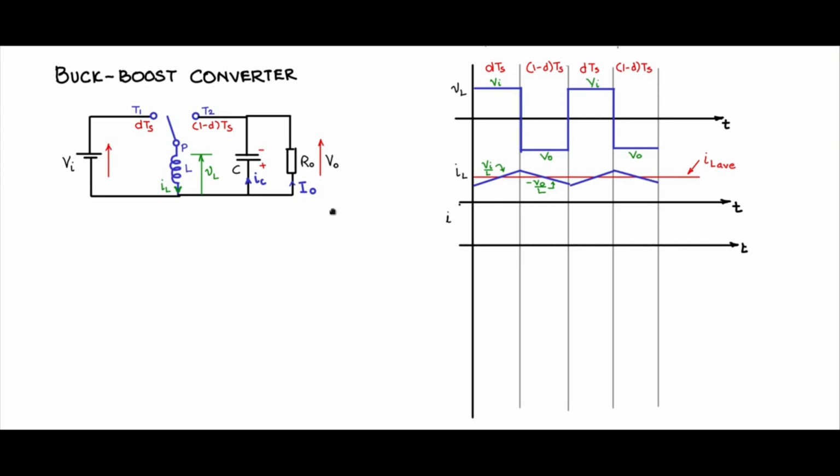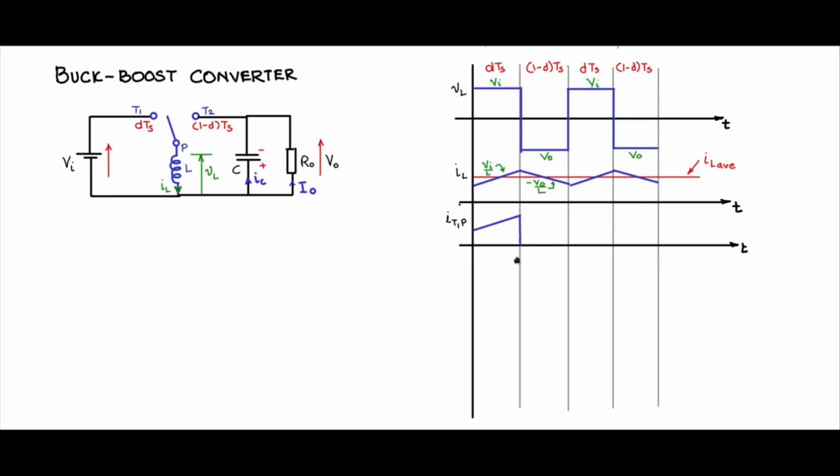Next, let us have a look at current through T1P. The current through T1P should be that part of the inductor current that flows through the input source when P is connected to T1 during D Ts period, and that will be the D Ts portion of the inductor current.